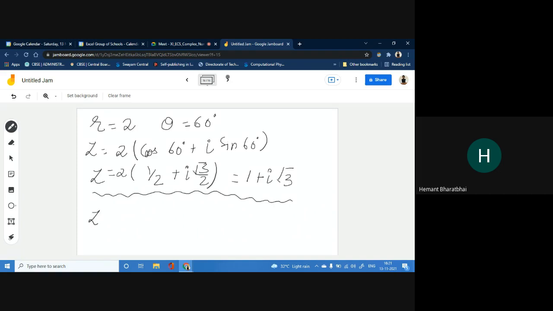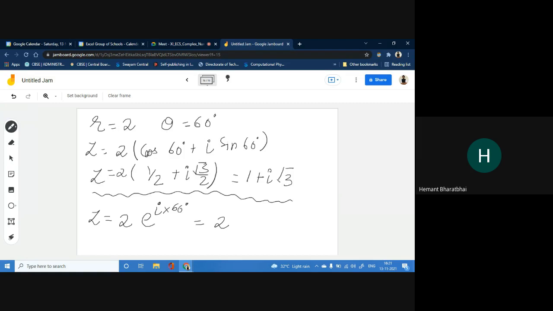So in exponential form, how do you write it? The r value is already there, that is 2, into e raised to i theta, so i into theta. Theta is how much? 60 degrees. But when you write in the exponential form, you don't write in degrees, you write in radians. So 60 degrees in radians is pi by 3.